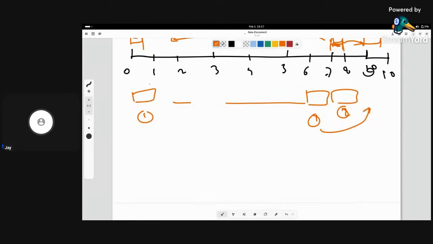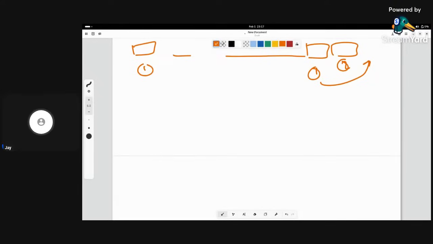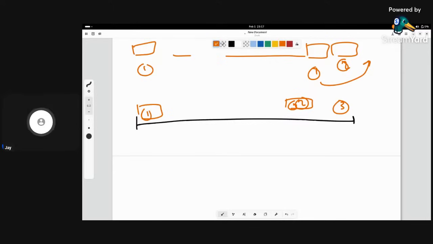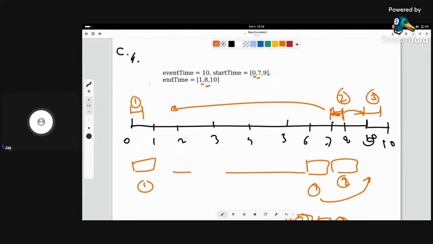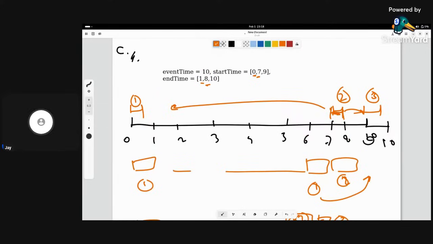But now what you can do in this third problem is you have a choice: take your meeting 1 and put it between 2 and 3, as long as there's enough space. There's no need to worry about ordering, whether meeting 1 or meeting 2 occurs first.